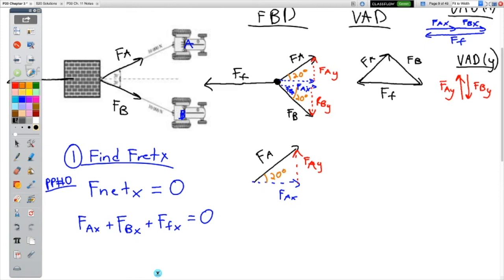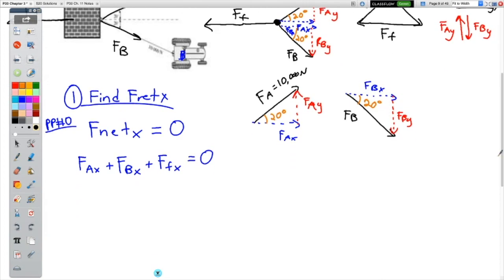They also gave us FA, we haven't written it down yet, but it equals 10,000 newtons. Okay, same actually goes for FB. I'm going to have to draw it eventually, so might as well do it now. FB is here. Okay, FBX looks like this. And FBY looks like this. Okay, so again, from the diagram, this angle is also 20 degrees. These triangles are kind of mirror images of each other, right?